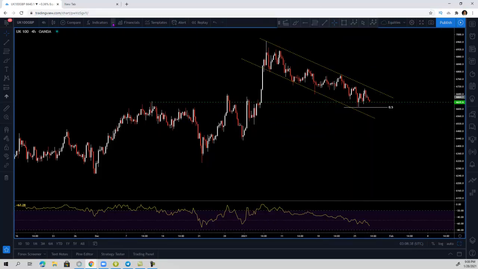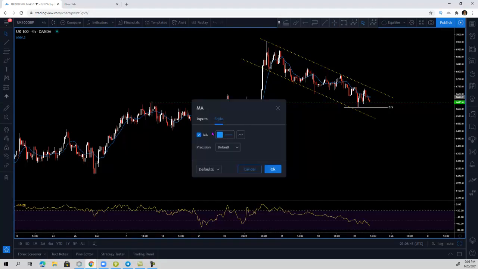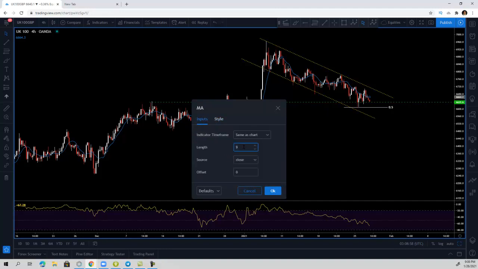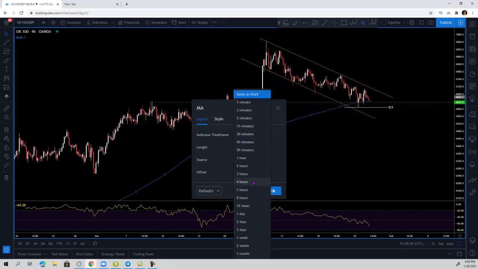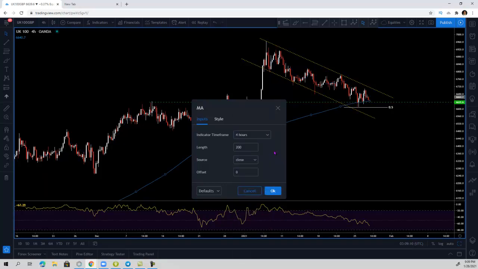Now let's add some indicators. I know that I don't use indicators, but I want to show you this. The only indicator that I might use is the simple moving average on the 200 period. I would use the daily and the 4-hour chart, and the 4-hour 200 simple moving average.